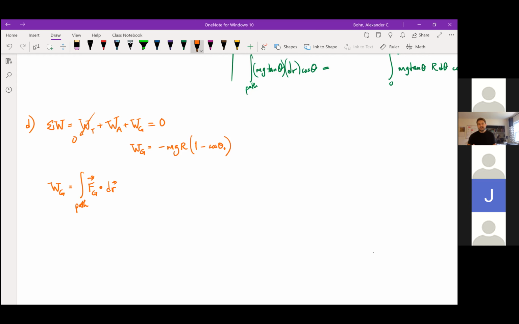The force of gravity is constant. It's in the negative j direction.